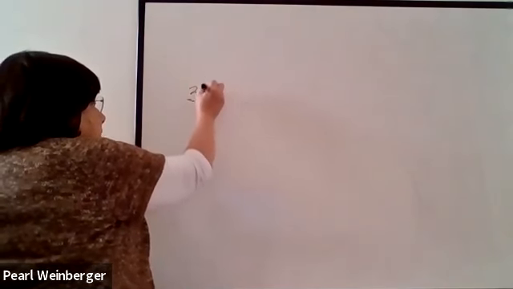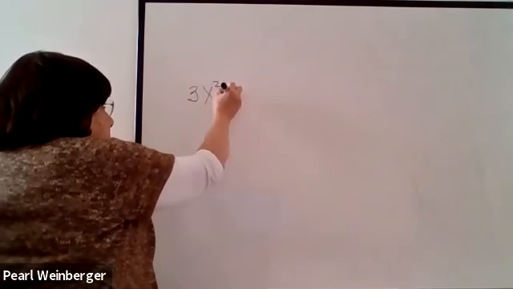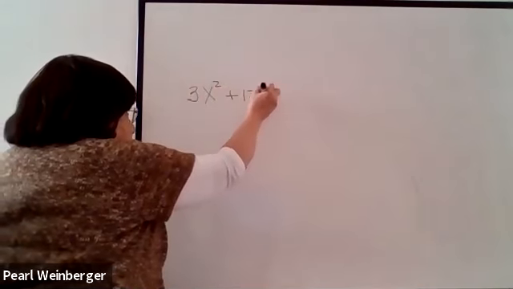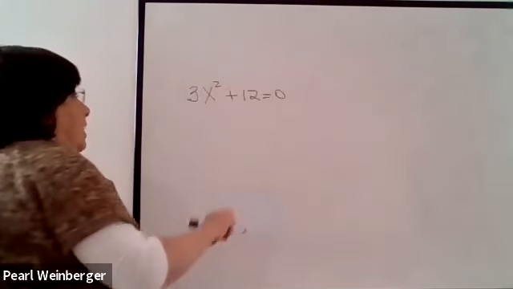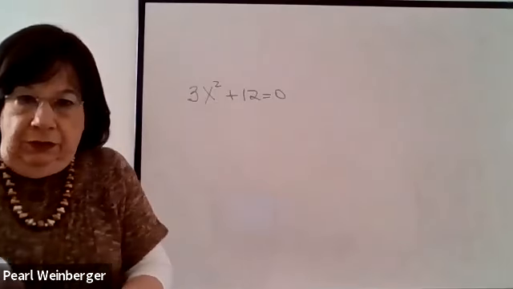So here it is, 3x squared plus 12 equals 0. Solve that and get your answer in simplest form.